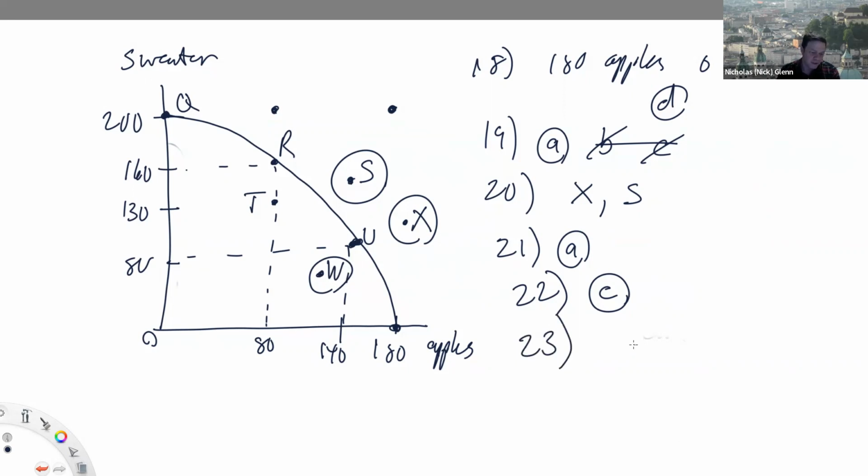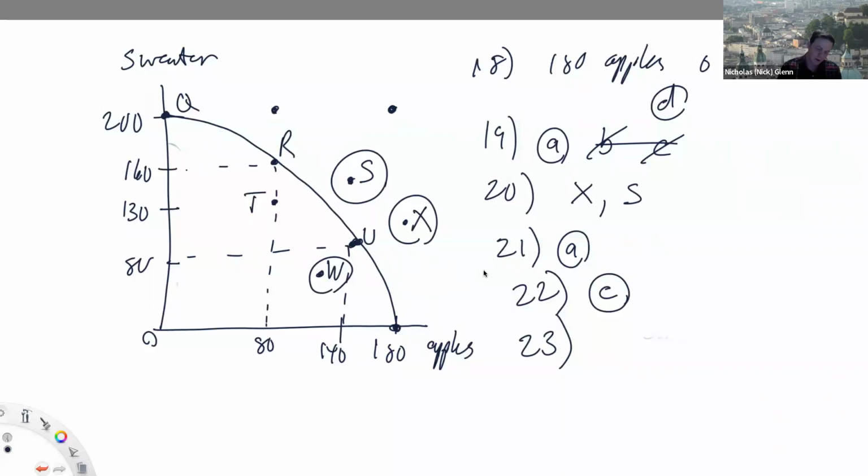23. Efficient production is represented at which points? Anything on the line, Q, R, and U. Let's see. Did I do Q wrong? I think this, let's see here.